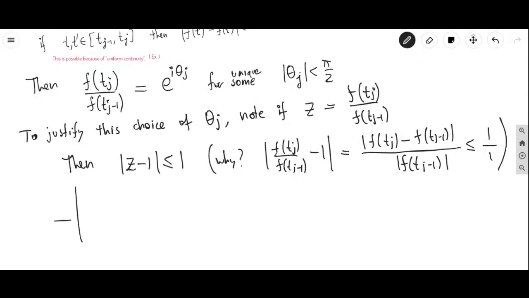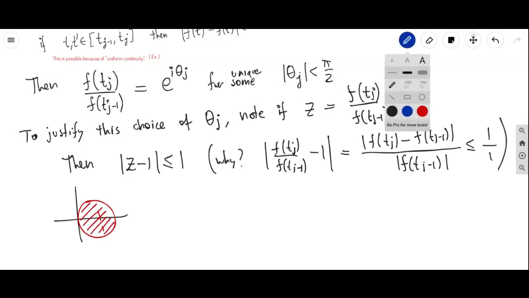And what region is this? This is a complex number. This is the equation of a disk, which is centered at 1 with radius 1. So wherever z is located, it has to be located somewhere in the disk.